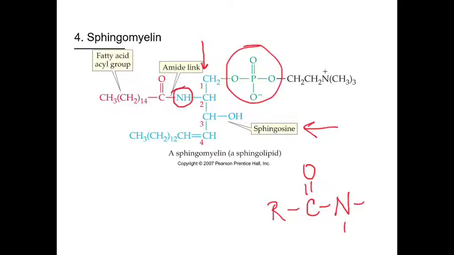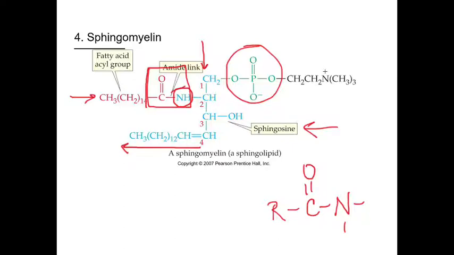And when a fatty acid attaches to that nitrogen, it forms what I'm squaring now, that amide linkage. Now we have the fatty acid tail hanging off in red to the left of what I just squared up. The sphingosine backbone is actually a long carbon chain. It's only numbered to 4 here, but notice the carbon chain continues, as my arrow shows, in that direction.